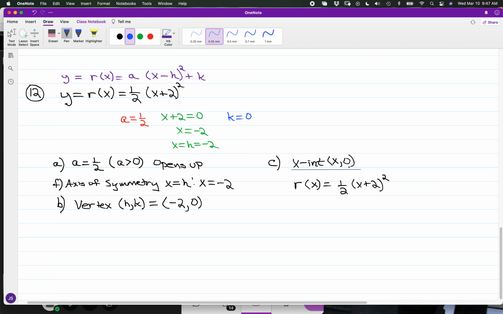And once again, that which represents y is going to go to 0.